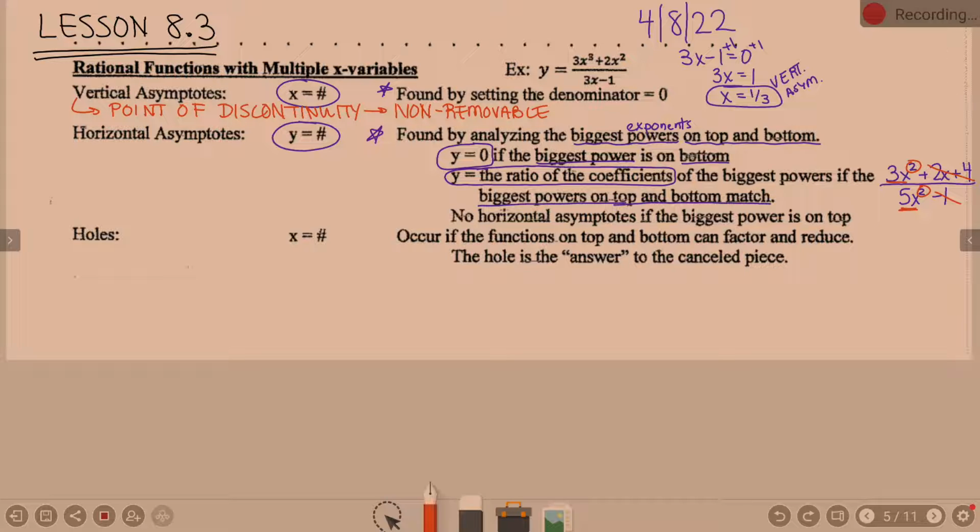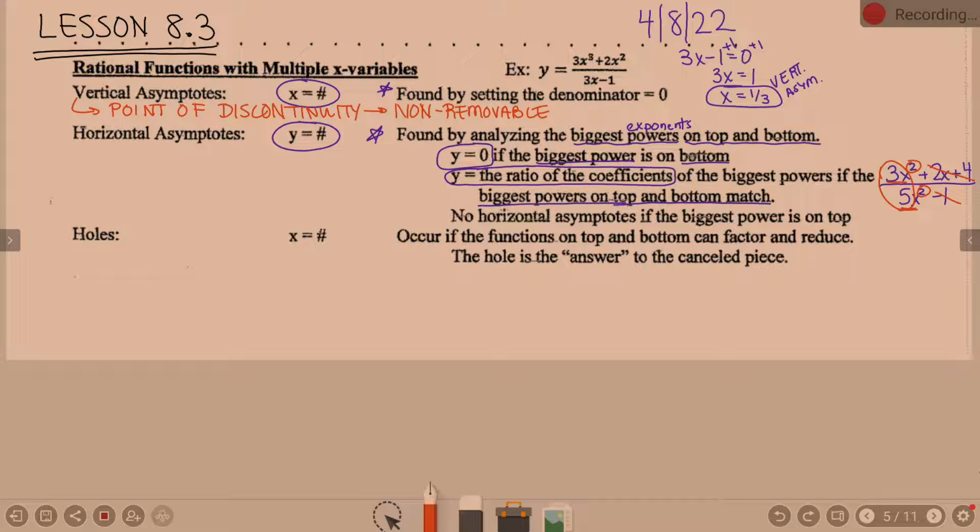In this case, my biggest powers match, right? X squared and x squared. So if my biggest powers match, the ratio of the coefficients, what are the coefficients of those terms? 3/5.